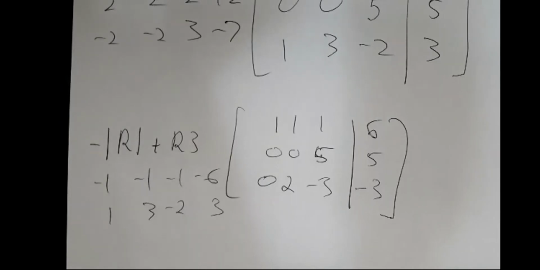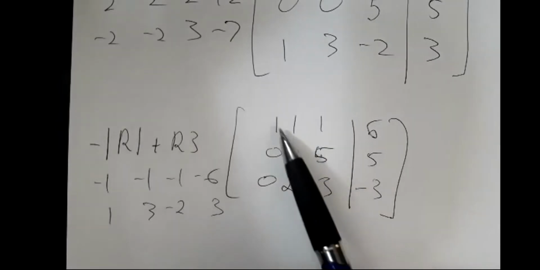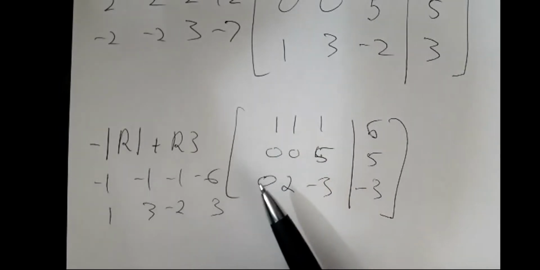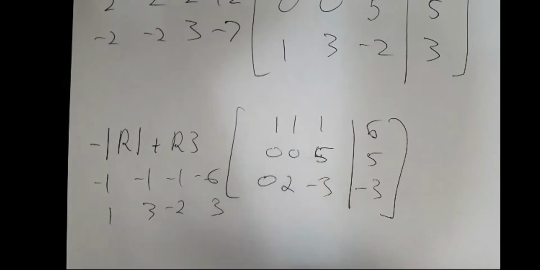There are a few different ways to solve this. But I got a 1 here, I have a 0 here, I have a 0 here. I want to get a 1 there, but that's not going to happen too easily. So what can I do?